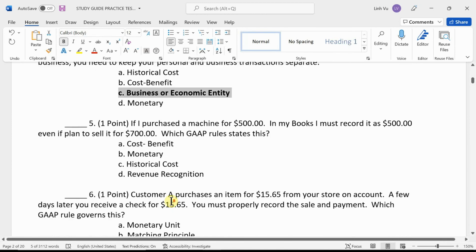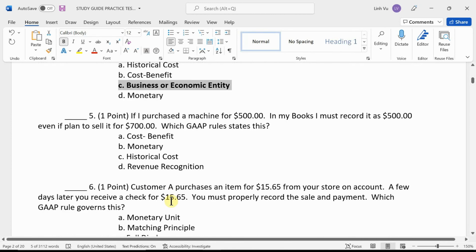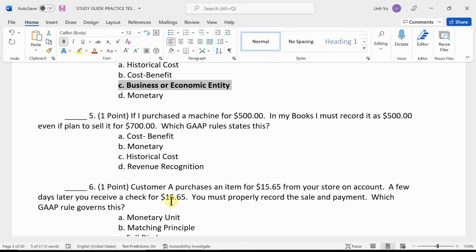Number 5, if I purchase a machine for $500, in my books, I must record it at $500, even if I plan to sell it for $700. Which GAAP rule states this? A, cost benefit?